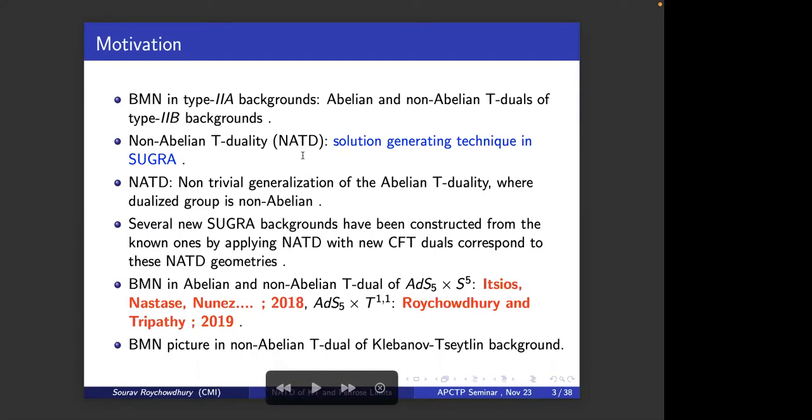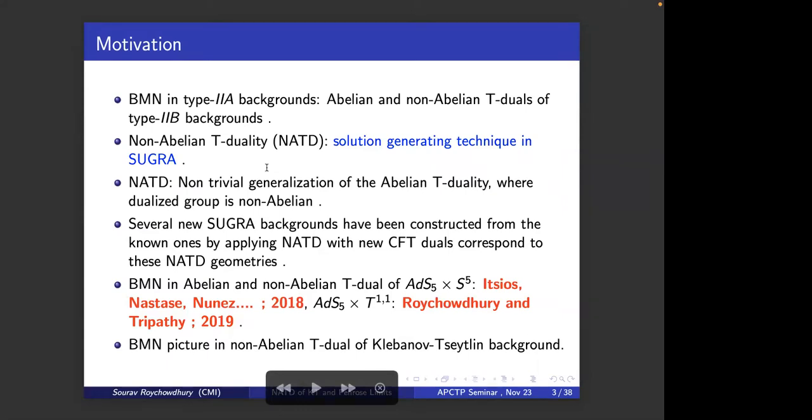Now the obvious question one can ask is, if it is not a symmetry of the full string background, then why should we care about non-abelian T-duality? Well, although it is not a symmetry of the full string theory, it is a beautiful solution generating technique at the low energy excitations.